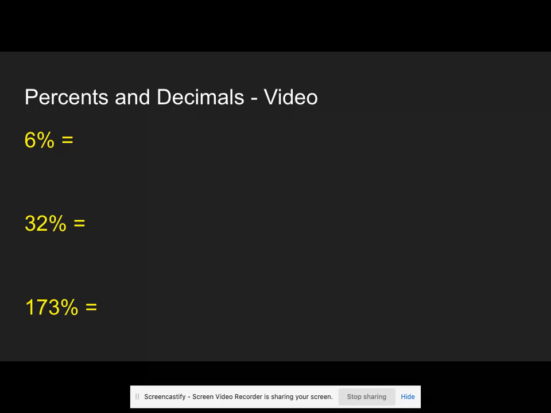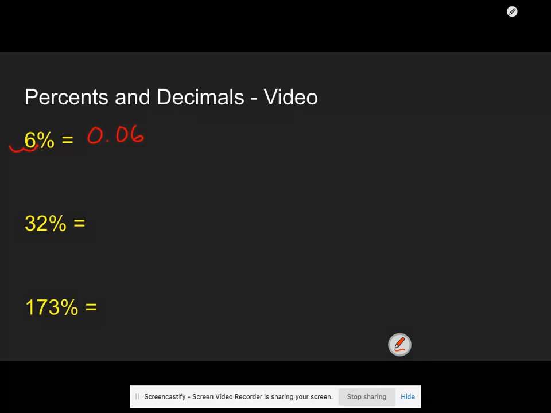So to go from a percent to a decimal, I move my decimal point 2 places to the left, which is the same as dividing by 100. Well, the thing we need to remember is the decimal point is between the last number and the percent sign. So if I would move it 2 places, I would end up getting 6/100ths like that.